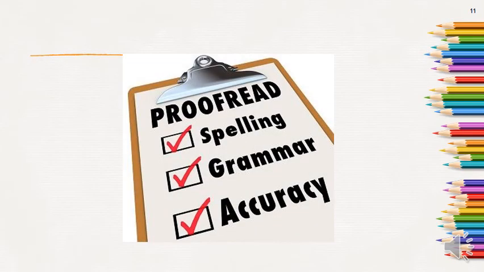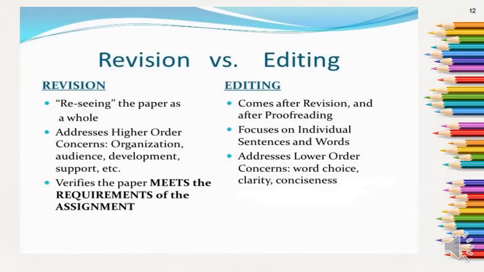So proofreading means that you check your spelling, your grammar, and the accuracy of your sentences. So, what is the difference between revision and editing? Revision means re-seeing the paper as a whole, addresses higher order concerns: organization, audience, development. Okay, so you think again about your piece of writing.